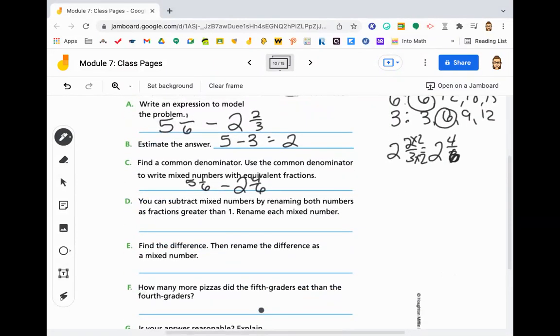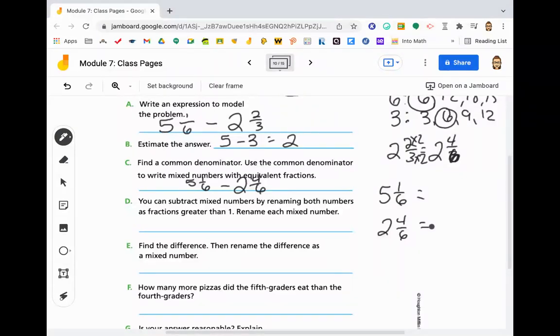So it says you can subtract mixed numbers by renaming both numbers as fractions greater than 1. So what they're saying here is we can write 5 and 1/6 as an improper fraction, and we can write 2 and 4/6 as an improper fraction. And the way we do this is we take however many 6 are in a whole, so there's 6, and we multiply that by our whole number.